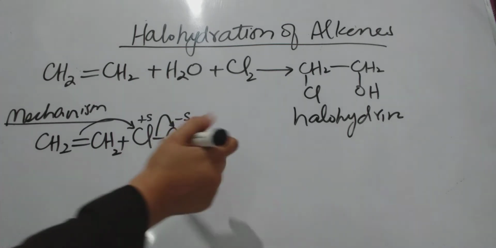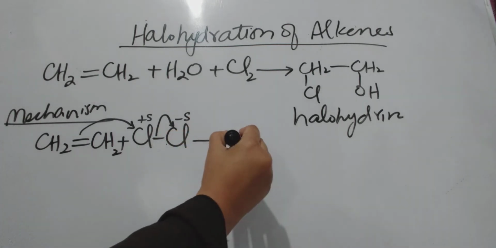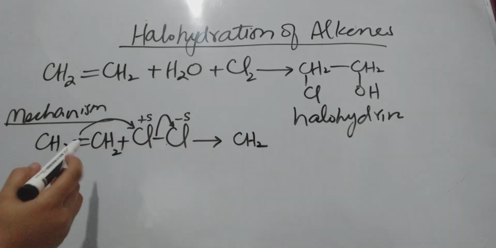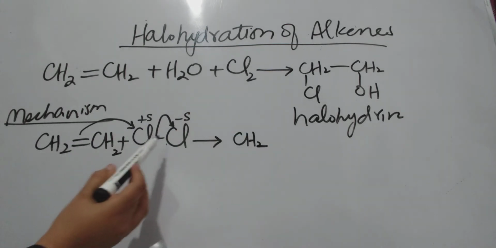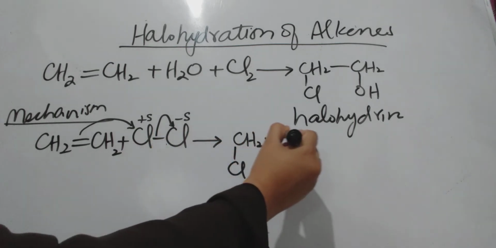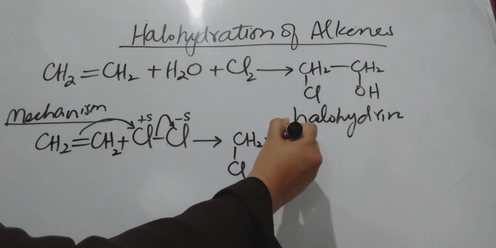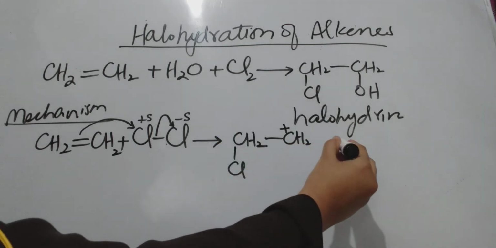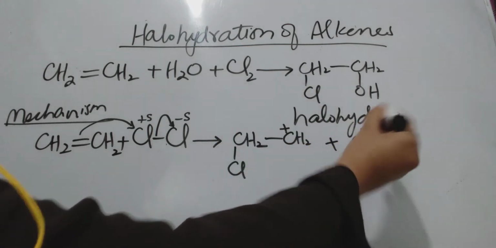Now, as both of these carbons are equal, this chlorine will get attached to either carbon atom, and one of the carbon atoms will have the positive charge, along with the formation of chloride negative.